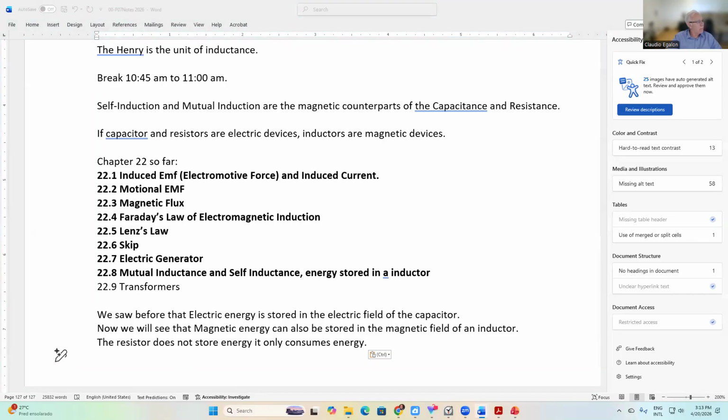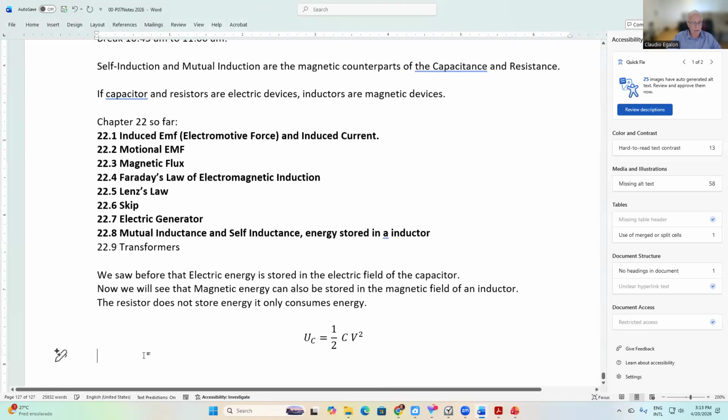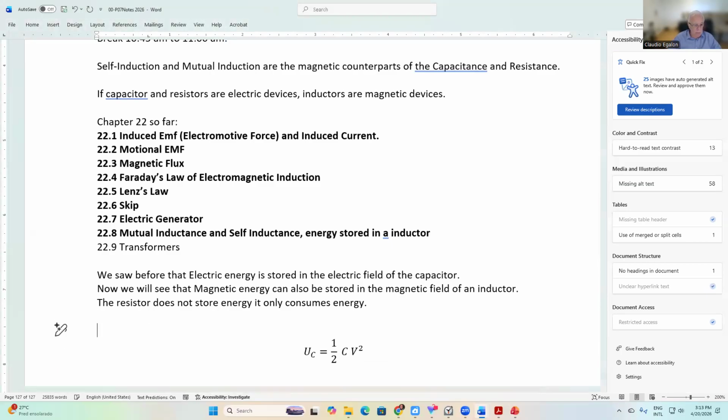The potential energy of the capacitor, we saw that before, is what? It's half of the capacitance times the voltage squared. Okay? When we say energy stored, we mean potential energy, okay?